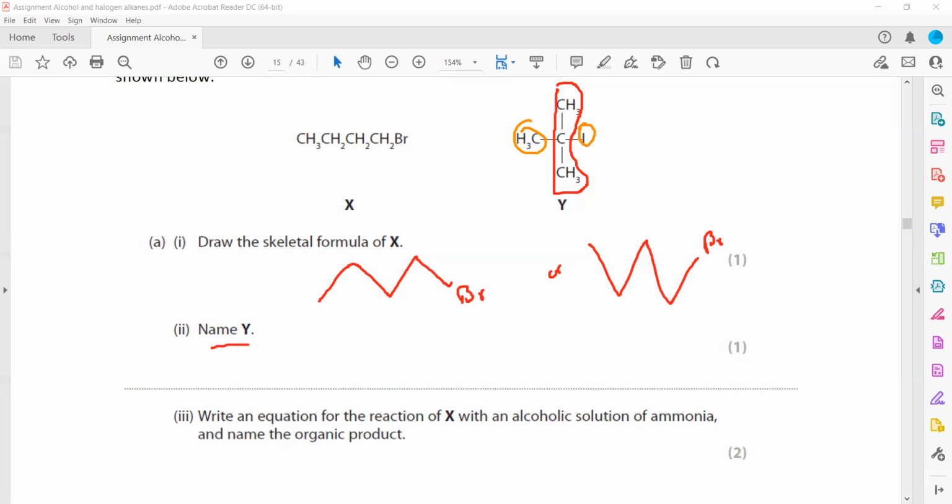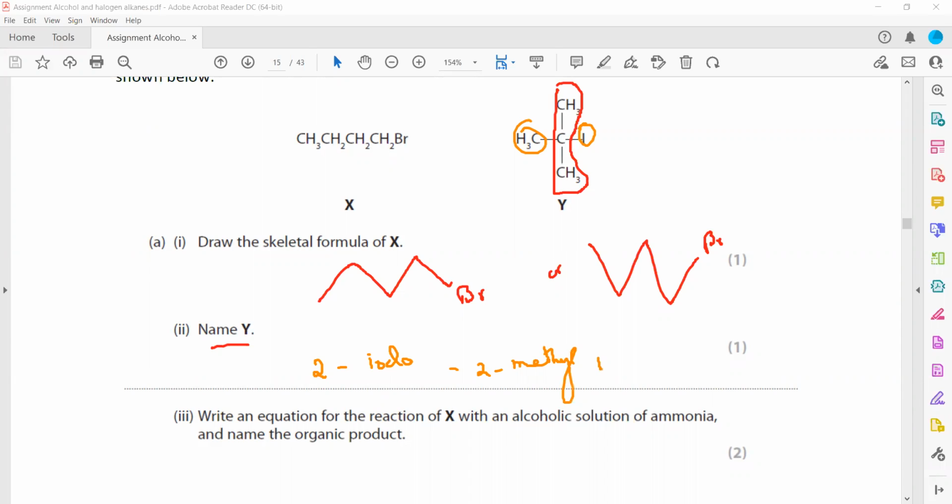Normally when we name the branches, we name them in alphabetical order, but it is acceptable if you write 2-methyl, 2-iodopropane. So this one is 2-iodo, 2-methyl.